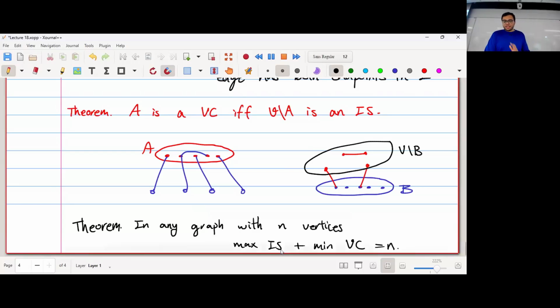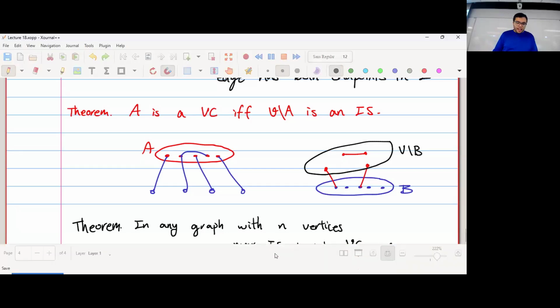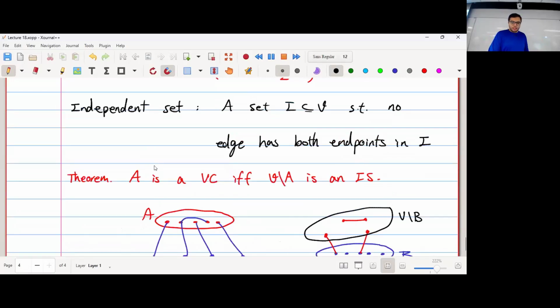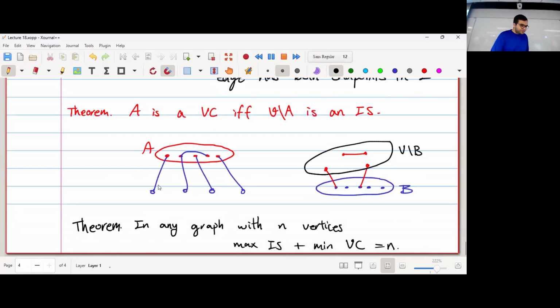And again, I'm talking about the sizes. When I write max IS, I mean the maximum size of an independent set. I might have many independent sets of this maximum size, so I'm not claiming that I have a unique maximum independent set. I'm just saying that the size of a maximum independent set plus the size of a minimum vertex cover is always going to be equal. And it's just because of this.